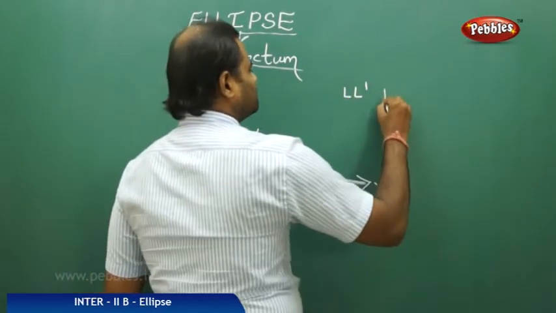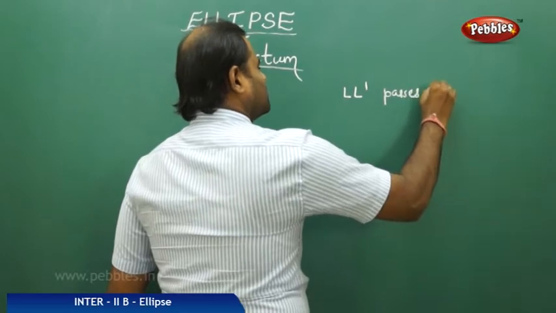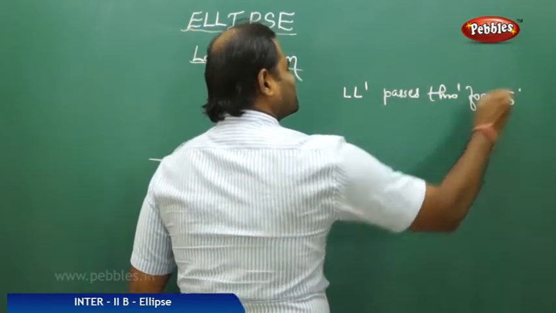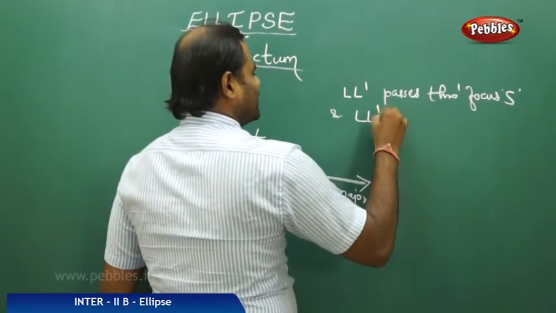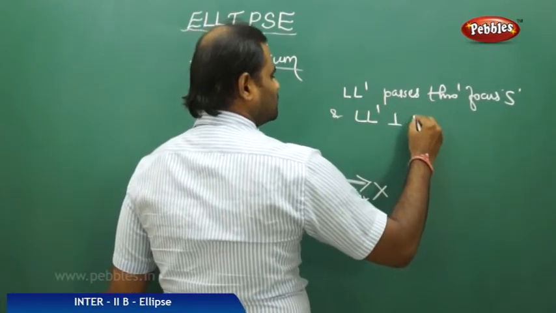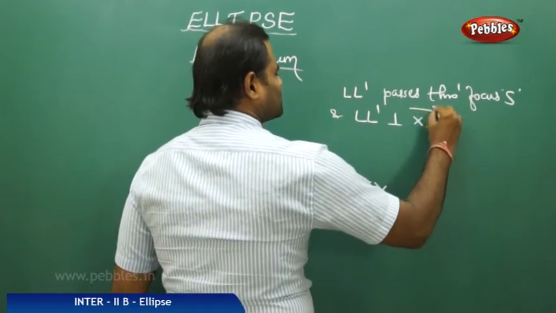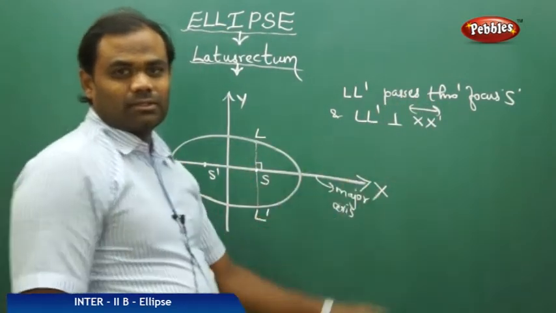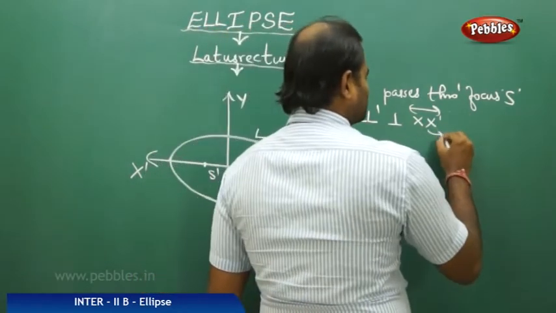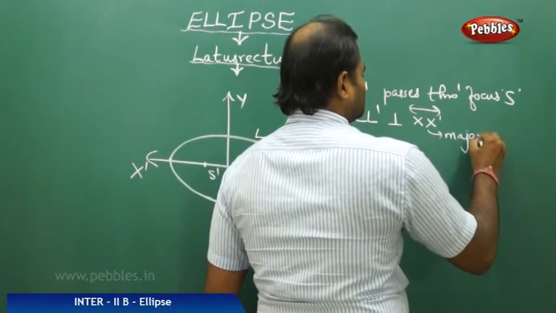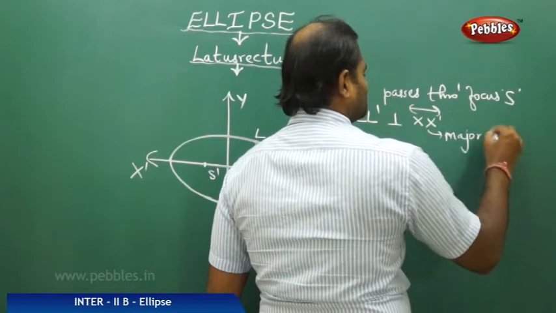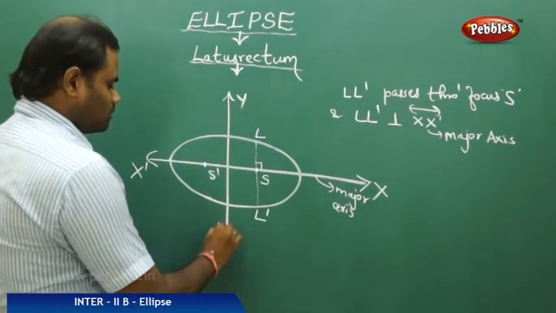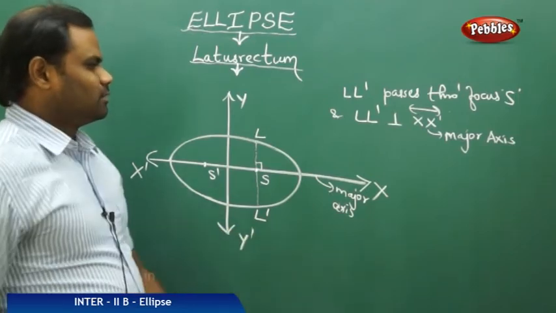LL dash passes through focus S and LL dash is perpendicular to X dash, which is the major axis. And this is the minor axis.